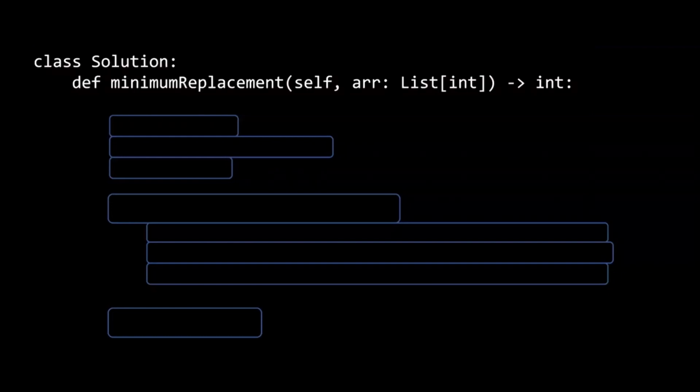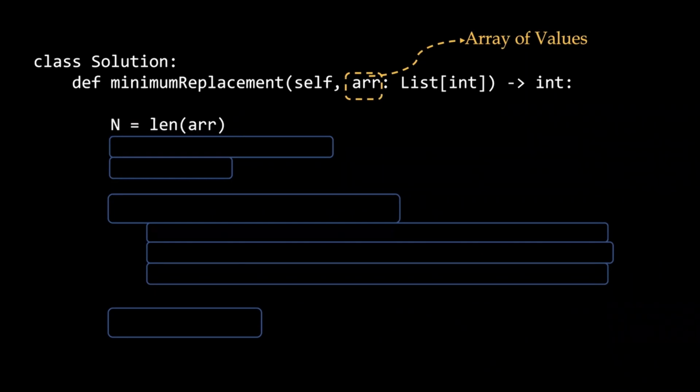First we will define the function minimum replacement in the class Solution. Now here array is the array of values, right, which we have to change into a sorted array by the operation. First we are finding the size of the array using variable n.